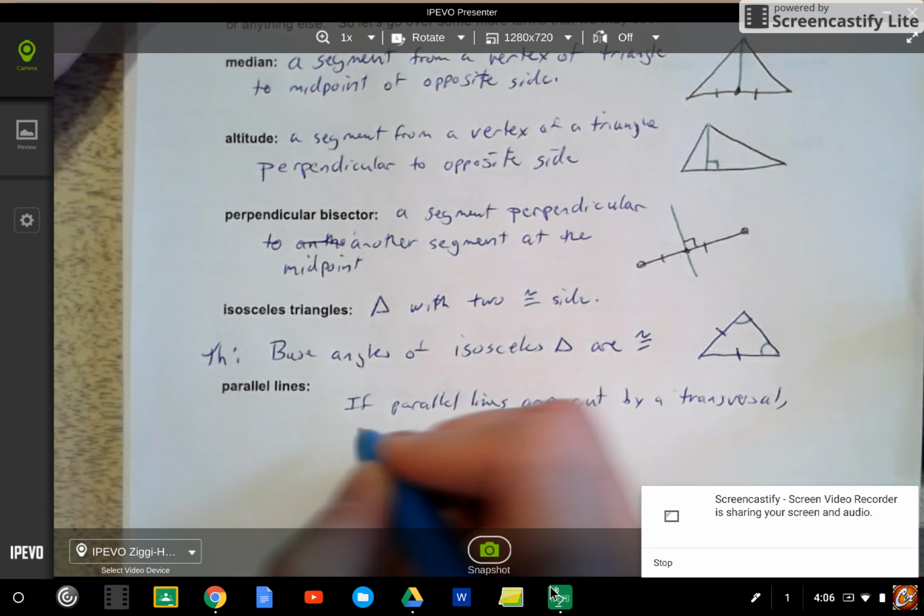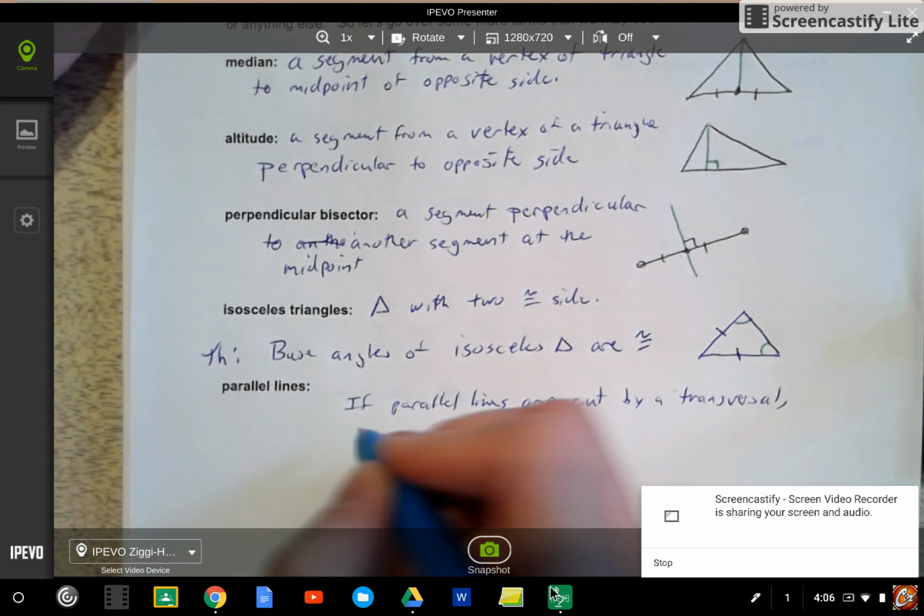We could say corresponding angles are congruent. We could say same side interior angles are supplementary. I'll just abbreviate supplementary.